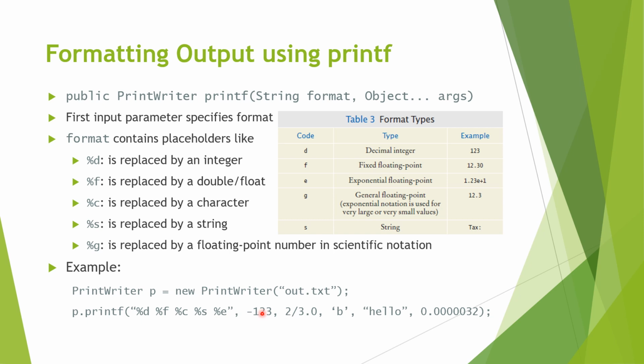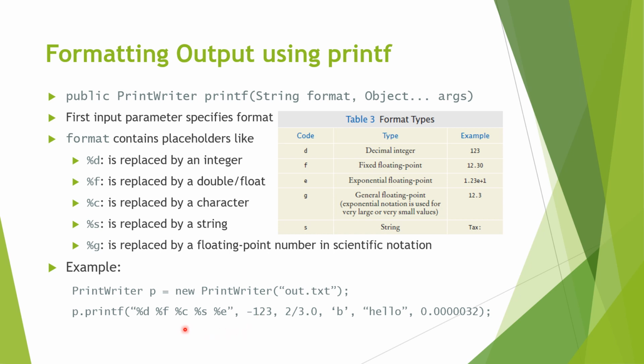The first one, which is -123, will replace the %d because it's an integer, so %d accepts the type int parameter. So %d is replaced by -123. So you're going to see -123 on the out.txt file.